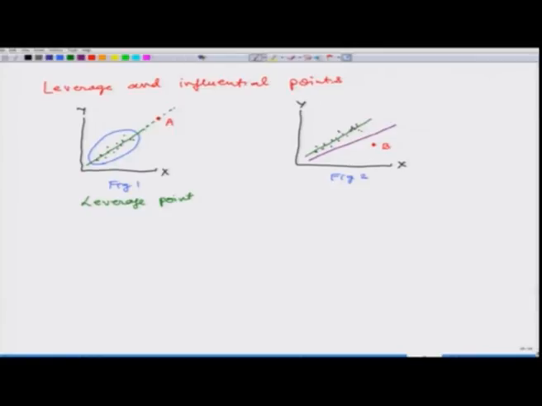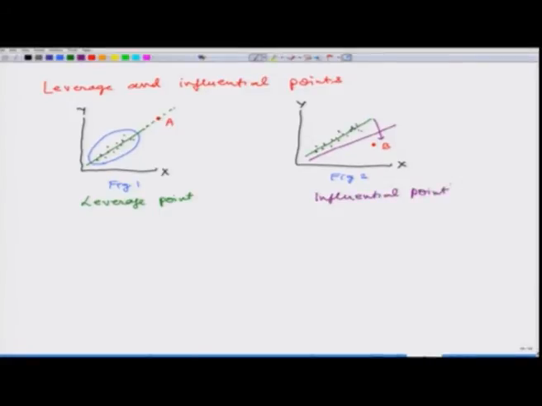So, what we observe is that this point B is trying to attract the fitted regression line towards itself. So, this is called an influential point.